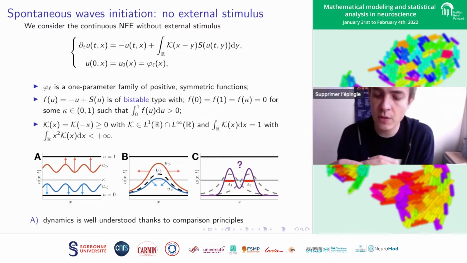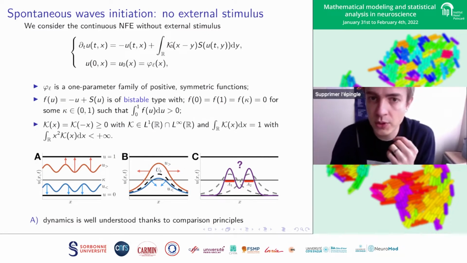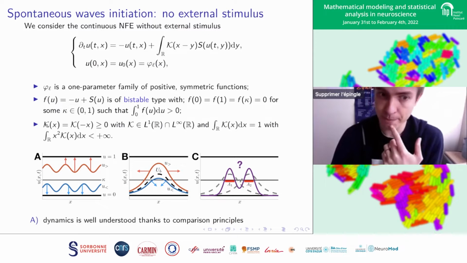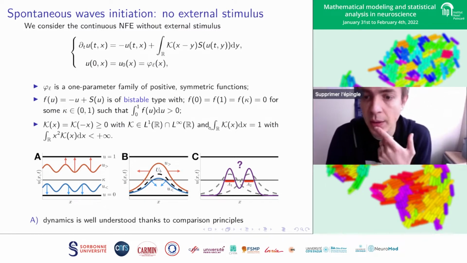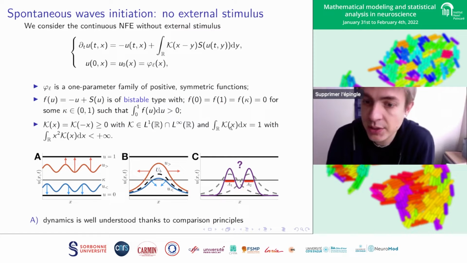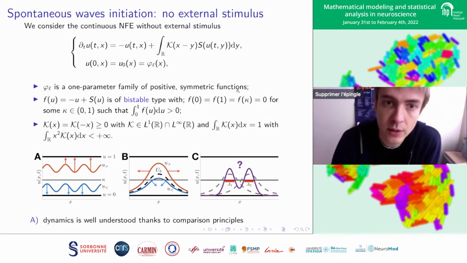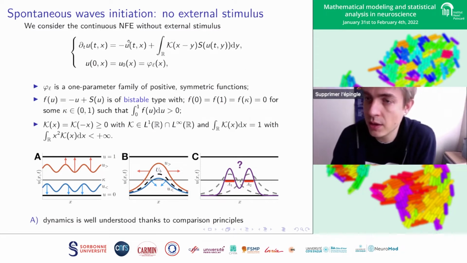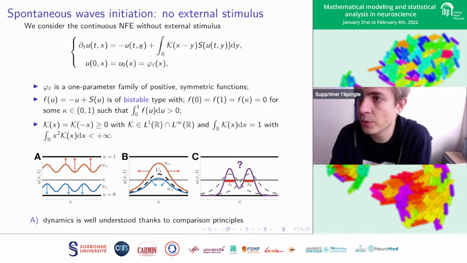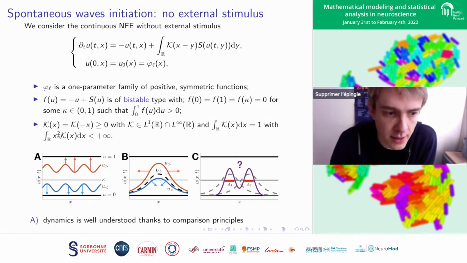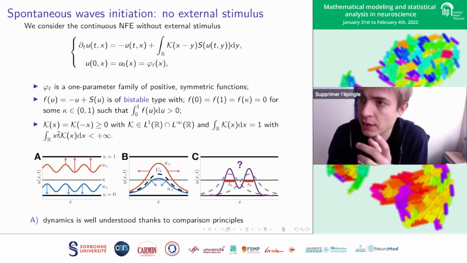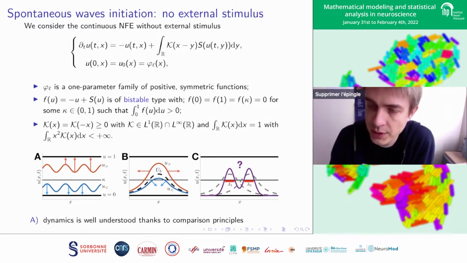I'm getting here a very natural setup where the interaction kernel K will be assumed to be symmetric, positive, bounded, integrable, and I have some normalization condition where its mass is equal to 1, which just means that if you look at the homogeneous equation without space, it's just given by the ODE u' = -u + s(u). And I'm assuming a second moment, and it will be somehow important, or it will be easier to compare with what I will be saying later on a different model.